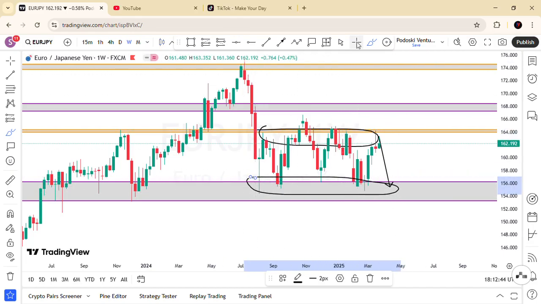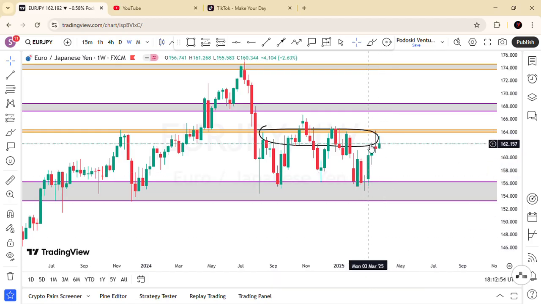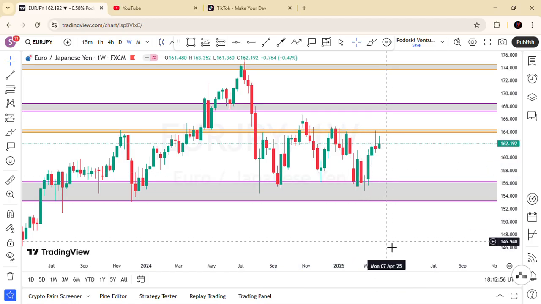But on the monthly time frame, I said price is bullish, so we are looking for buying opportunities only. So what are we to do? Since the monthly is bullish and the weekly is bearish, it's looking bearish, but it's not bearish yet.